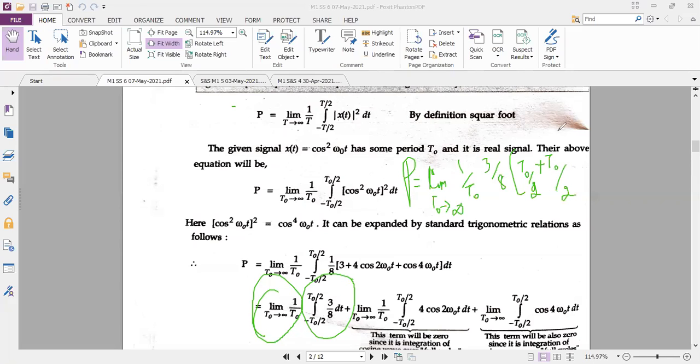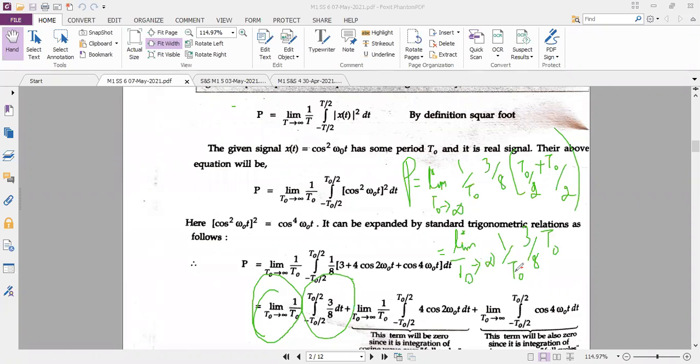When you add this, you will be getting single t naught. Then I have 1 by t naught and 3 by 8 and t naught. So can I say t naught will be cancelled?